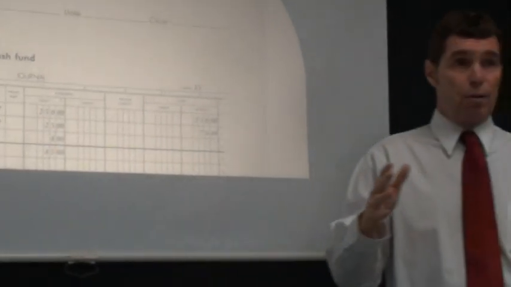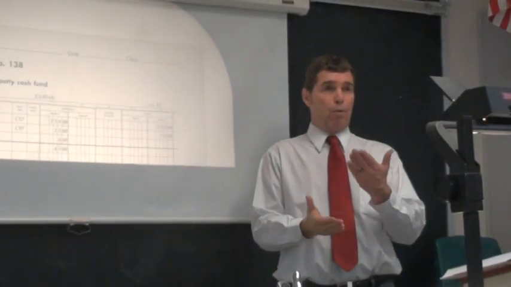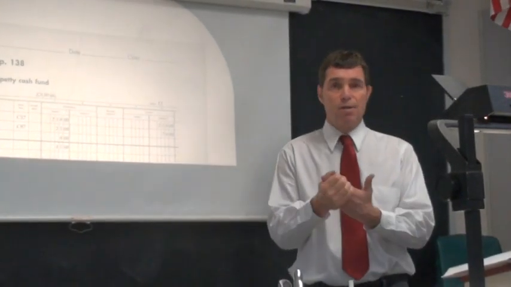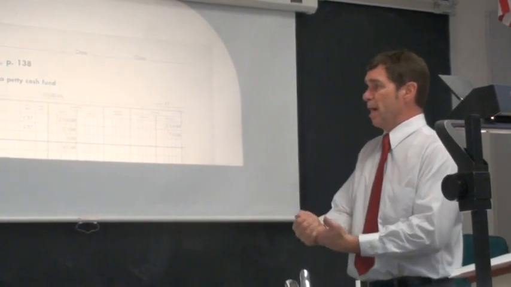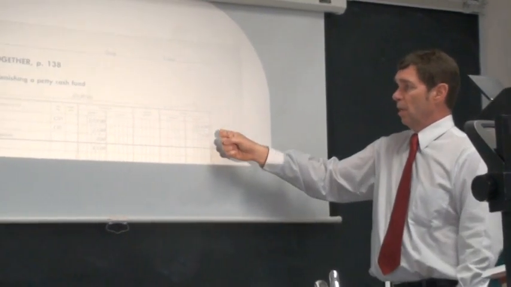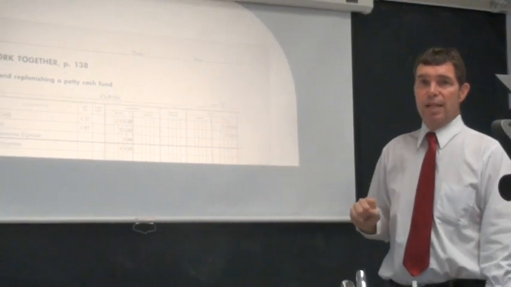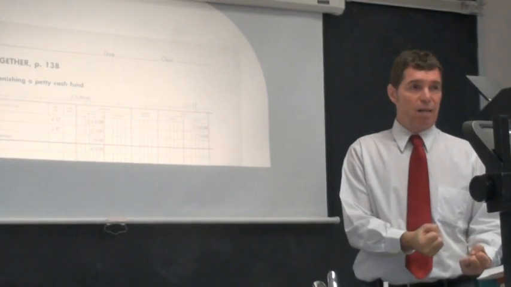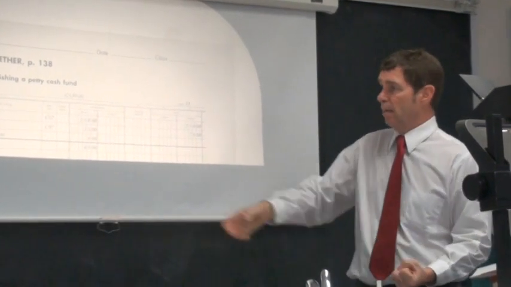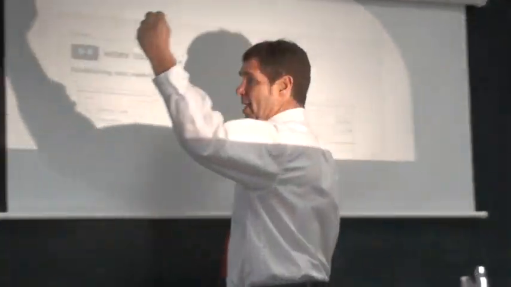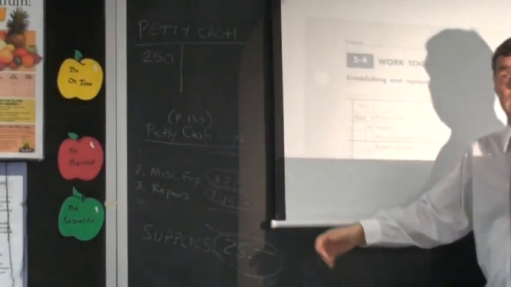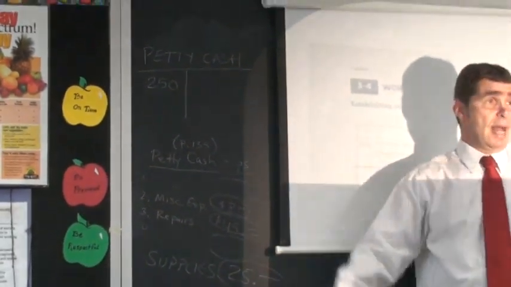So even though we're dealing with petty cash, when we replenish the fund, and this is the most difficult concept for students to get, when we replenish petty cash, we are crediting cash $78. We're taking that $78 from that cash check from things that we've already paid, and we're putting that money back into the petty cash fund.